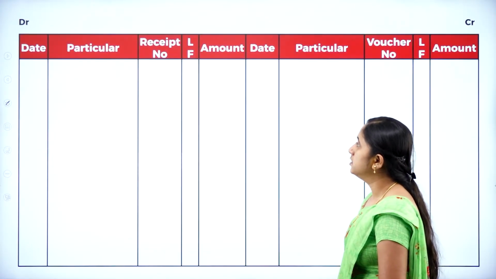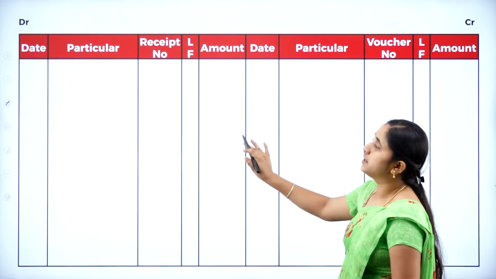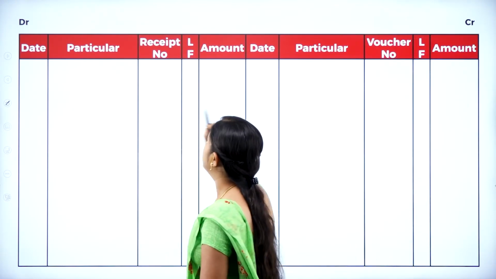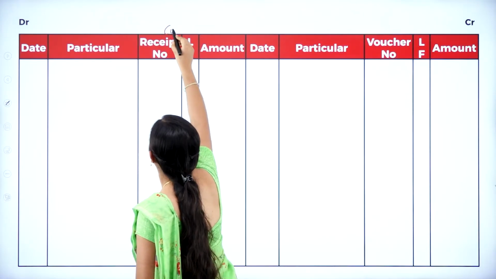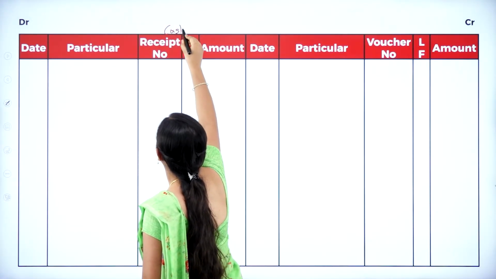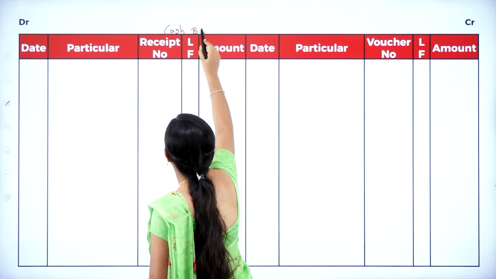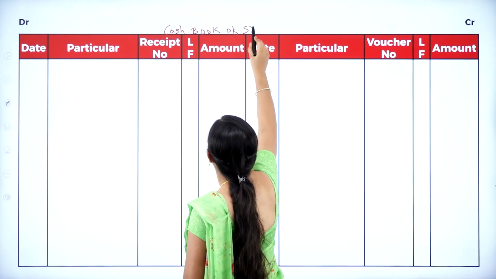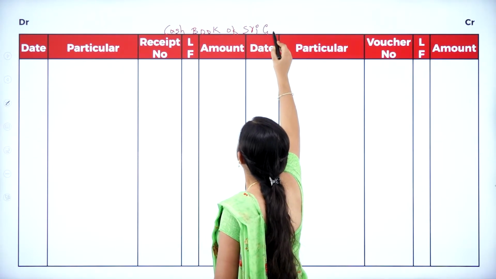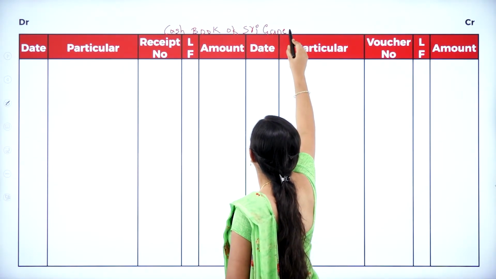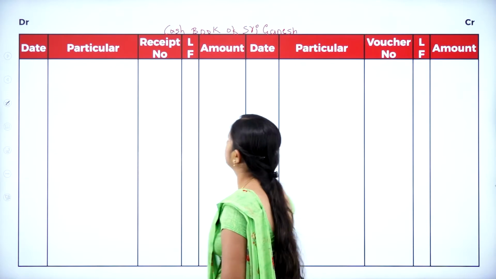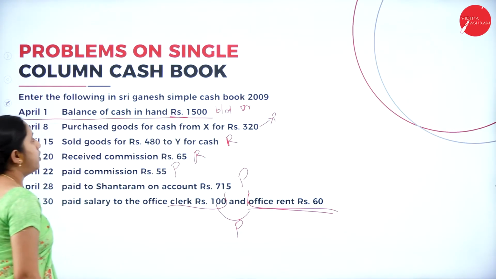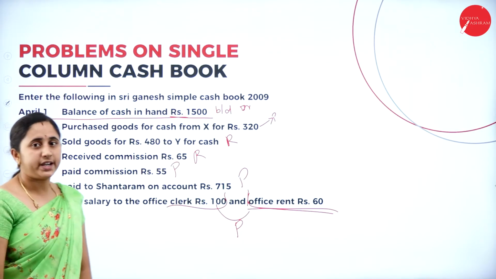So first, this is the format of simple cash book or single column cash book. Write the heading cash book. Cash book of Sri Ganesh. April 1st, balance of cash in hand 1500.